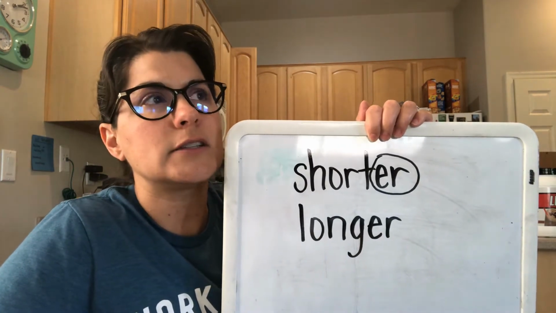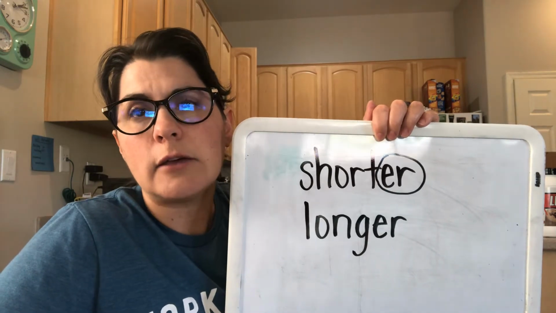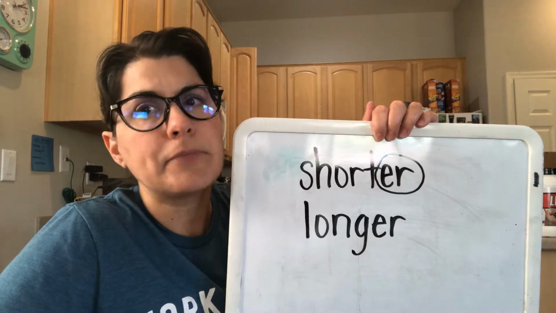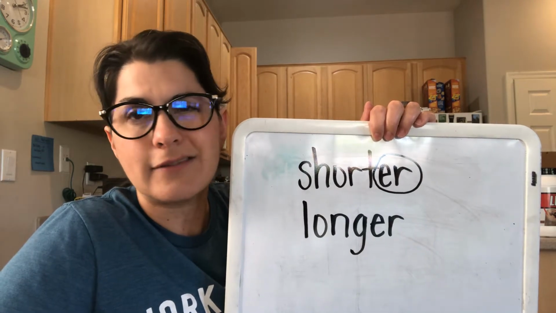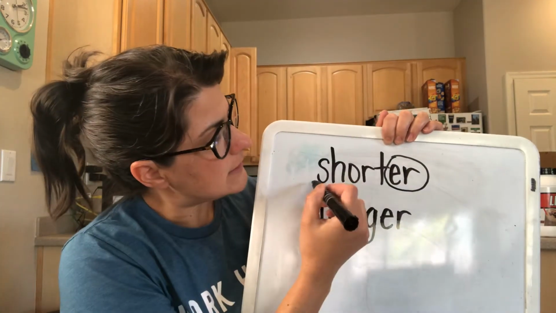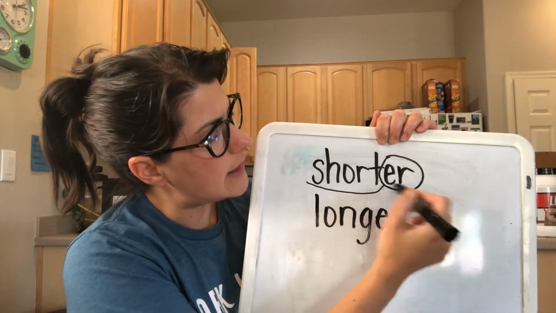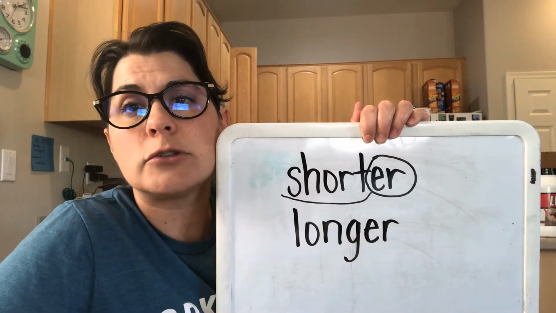If I put ER suffix at the end of build, and I say builder, it would be a person who builds, right? But it also has another meaning if you put it at the end of an adjective, short. If my base word is short, and then I have the suffix ER, I have the word shorter.